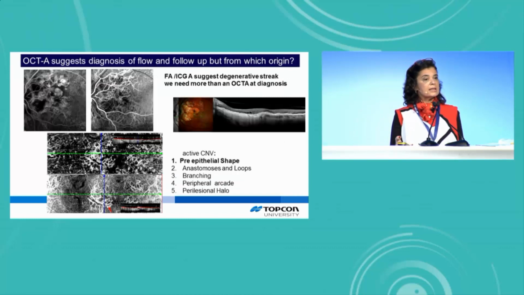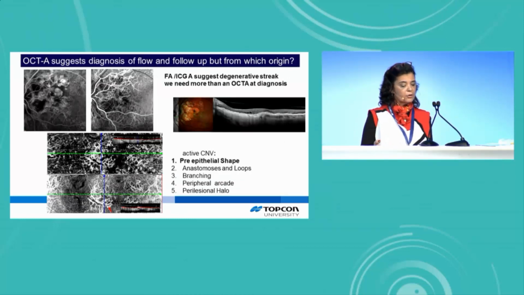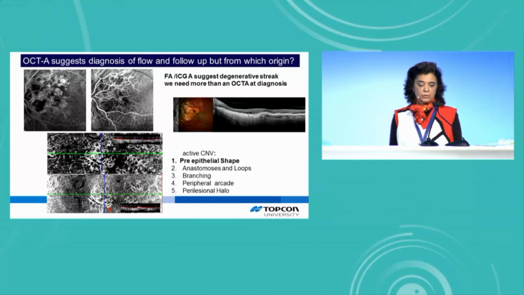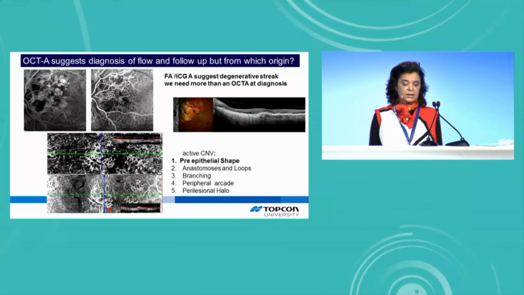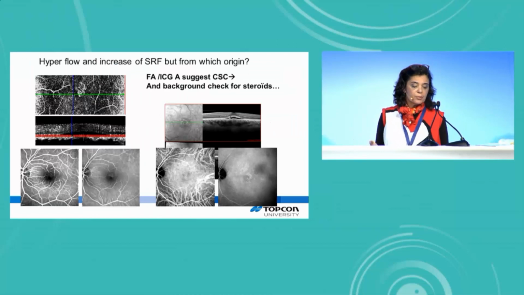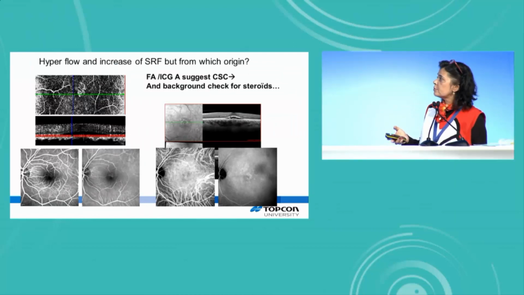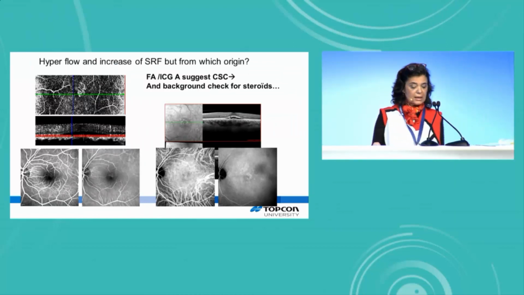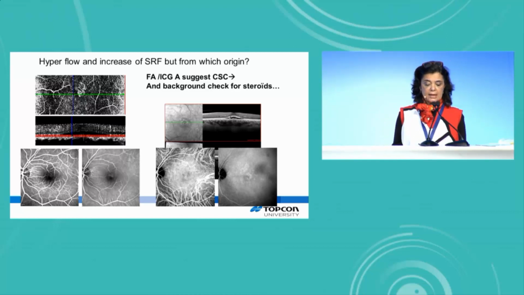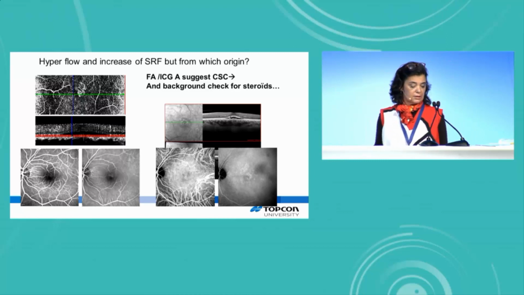As you know, OCT-A suggests diagnosis of flow and helps to follow up, but from which origin? In this example, FA and ISSOCT suggest degenerative streak. Here, we have hyperflow on OCT-A and subretinal fluid on OCT-B scan, but FA and ICGA suggest CSC and background check for steroids.